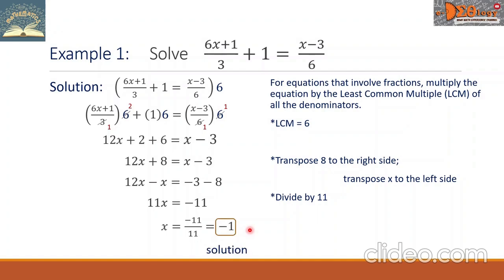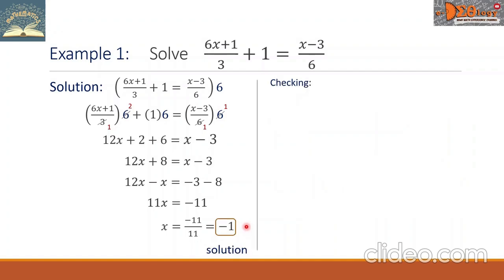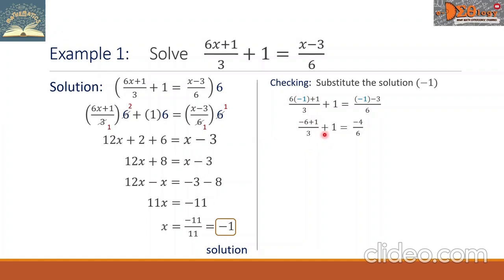This is the solution. Now, to check if negative 1 is the correct answer, we substitute the solution, or this negative 1, to every x of this equation. It becomes like this, and let us simplify. 6 times negative 1 is negative 6 plus 1 over 3 plus 1, we copy down here, equals negative 1 minus 3 is negative 4 over 6.